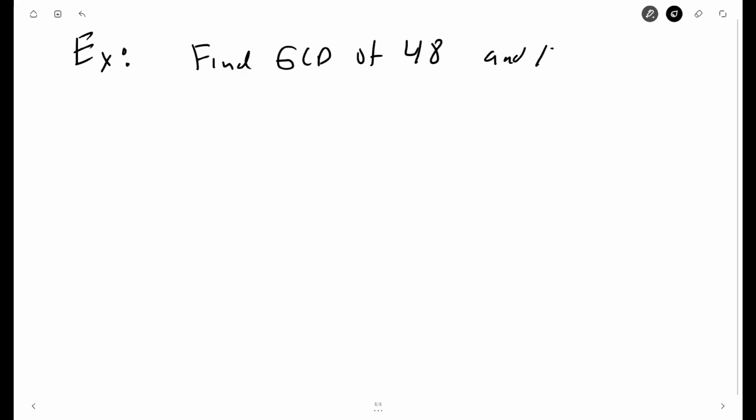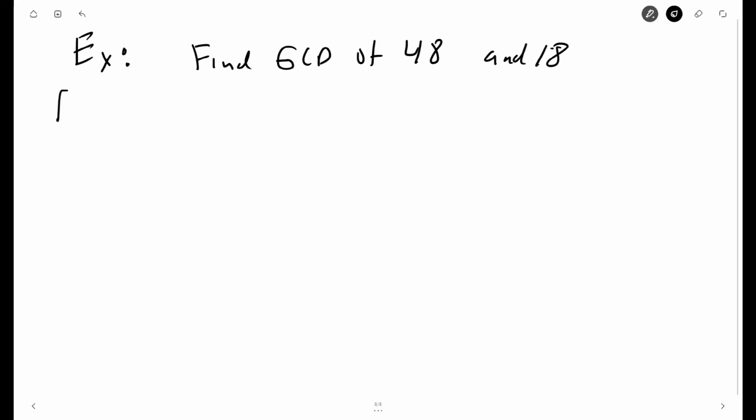So now we're going to do one example of the Euclidean algorithm. Find the GCD of 48 and 18.